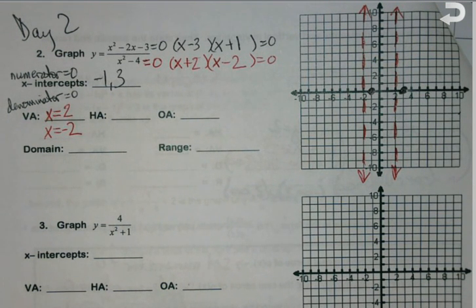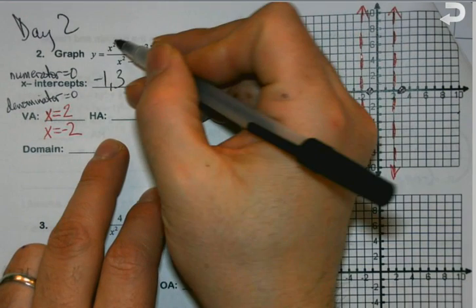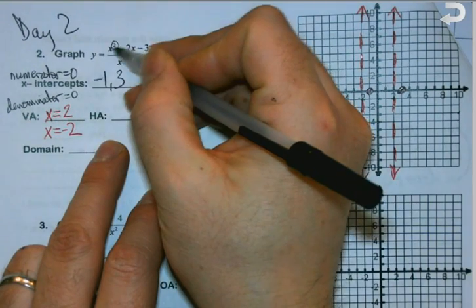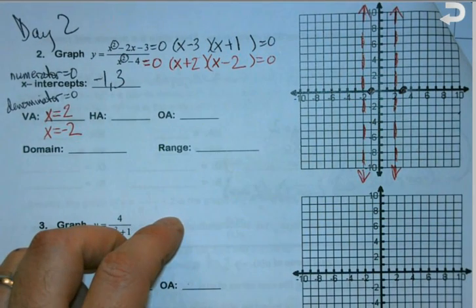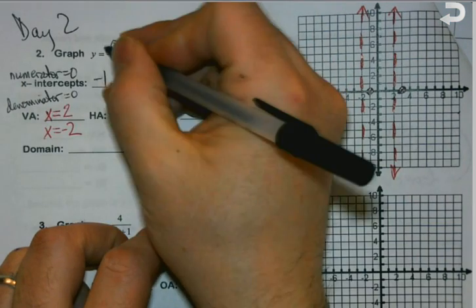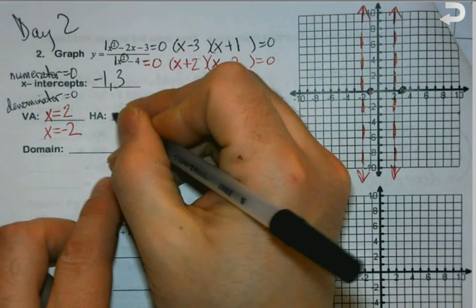So now, horizontal asymptote is going to be 1. Now, why is it 1? You're right, Ben. Because the leading coefficients are both 1, so 1 divided by 1. Since they have an equal degree, and I find that by looking at the largest exponent, I just divide their coefficients, and 1 divided by 1 is 1.